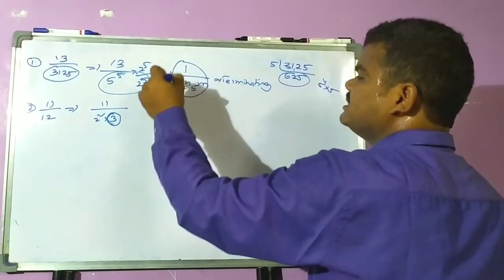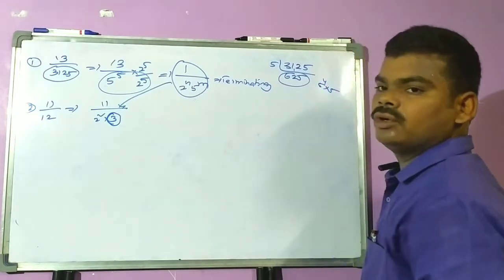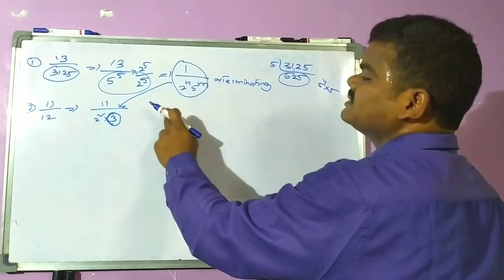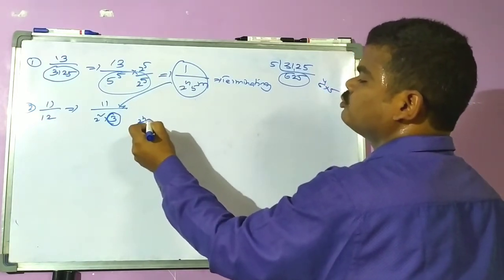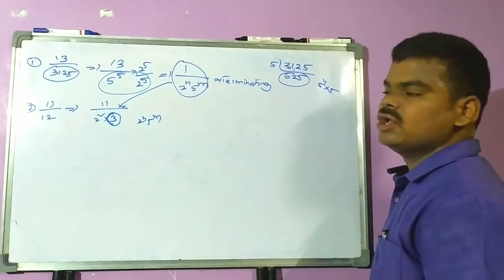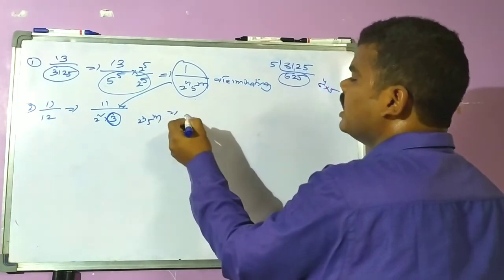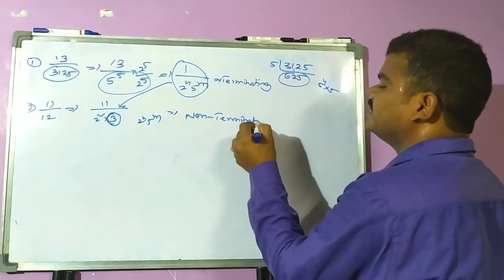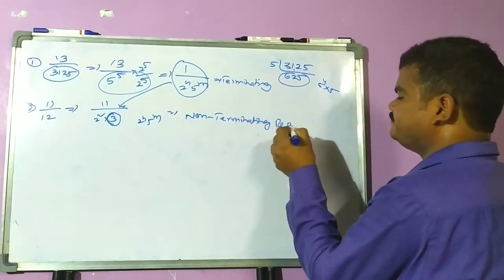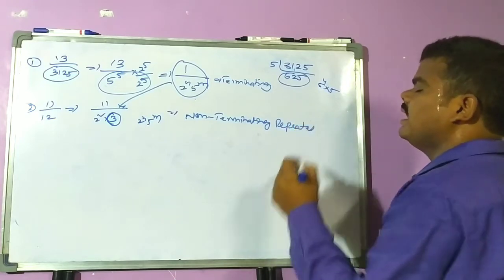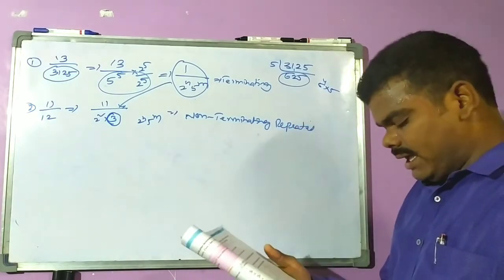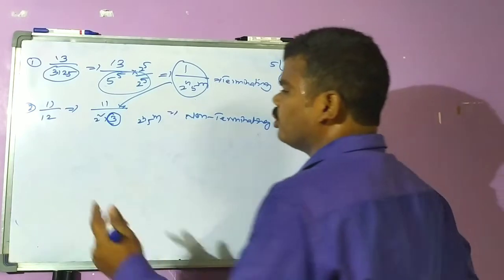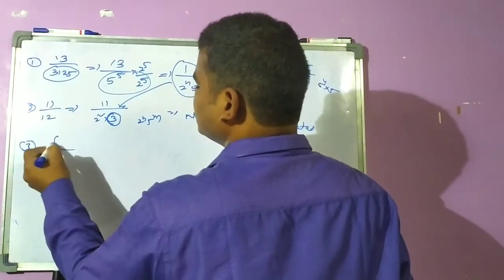Is it in the form of 2^n × 5^m? No. The denominator cannot be in the form of 2^n × 5^m. So this is a non-terminating repeated decimal expansion.